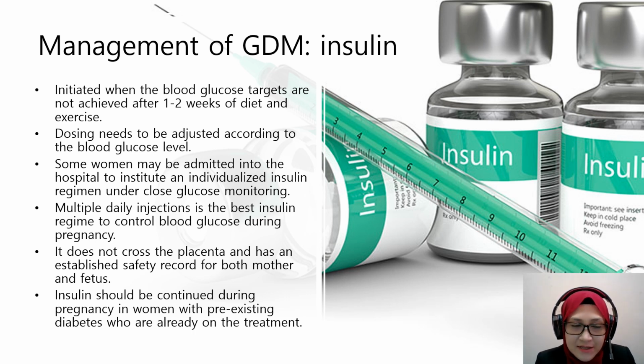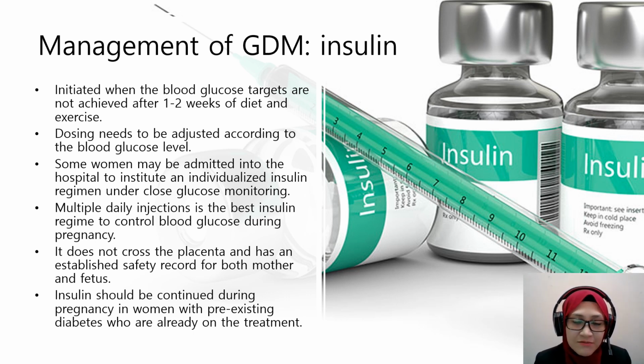And during this GDM diet therapy plan, the woman needs to be monitored. So they need to do self-monitoring of blood glucose. We will see that later, the SMBG. This is when they need to do the needle prick to get the blood glucose level.